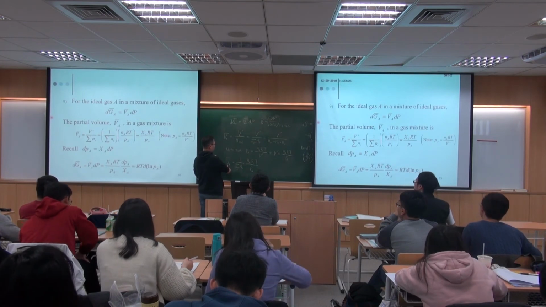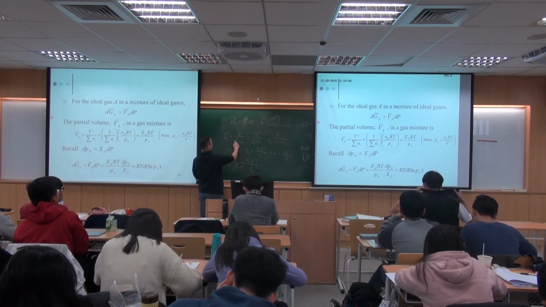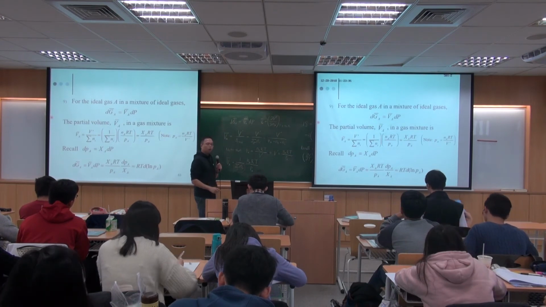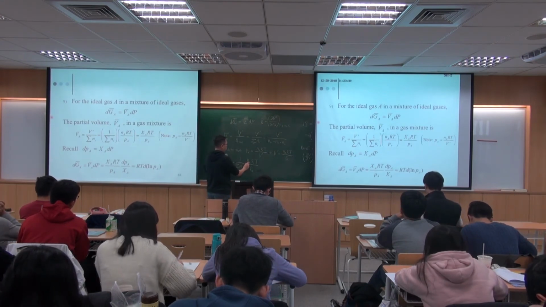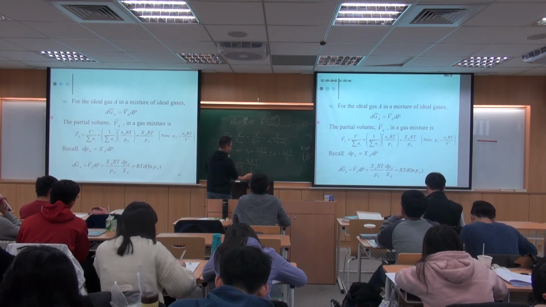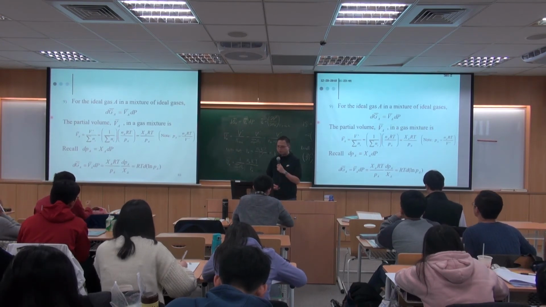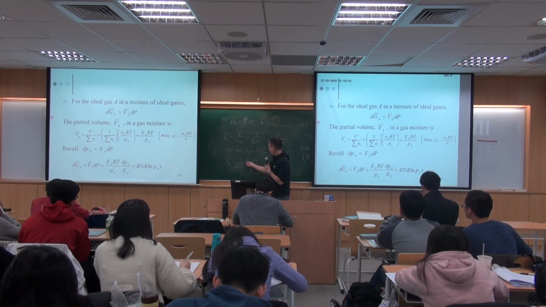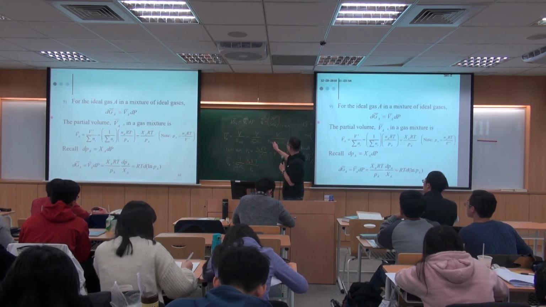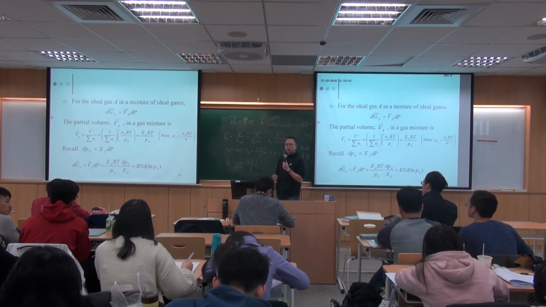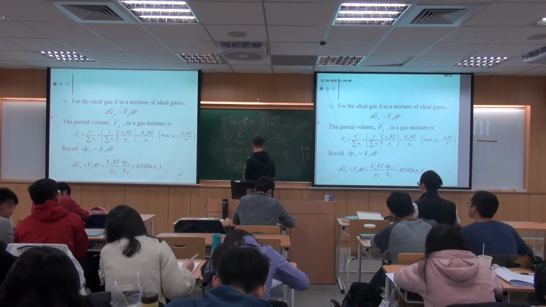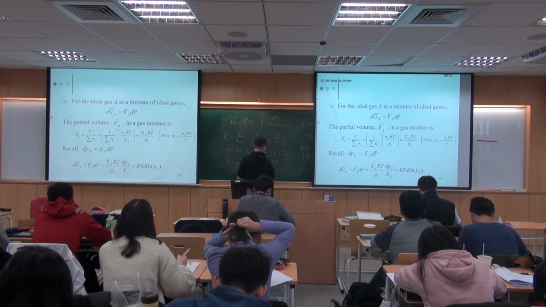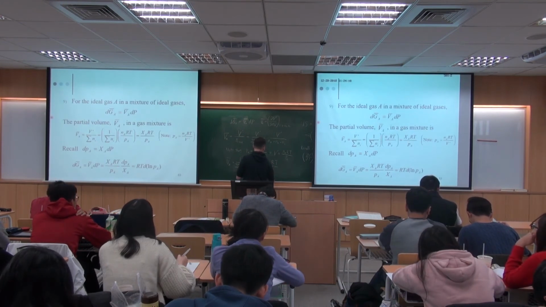So VA bar can be replaced by, we keep this term over here, a summation over all particle numbers, and here we have nART over the partial pressure for particle A. And recall that if you have nA over nA plus nB and nC, this is the molar fraction of particle A. So it turns out to be XA RT over pA.